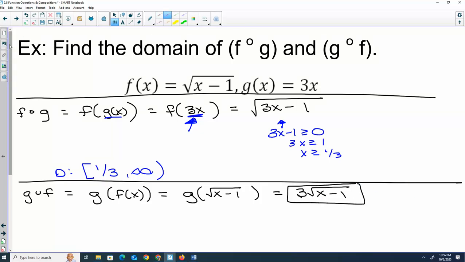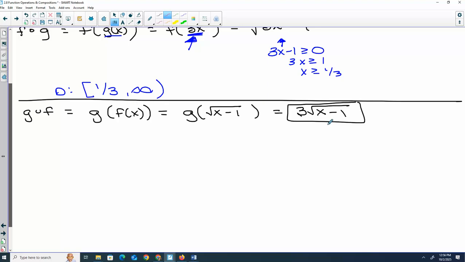My domain. If I look at my final answer, what has to be true? Everything under the radical has to be greater than or equal to 0, so x is greater than or equal to 1. Okay, but we have to be able to get there, so if we look at our original inside, that was function f, what's the domain of that one?